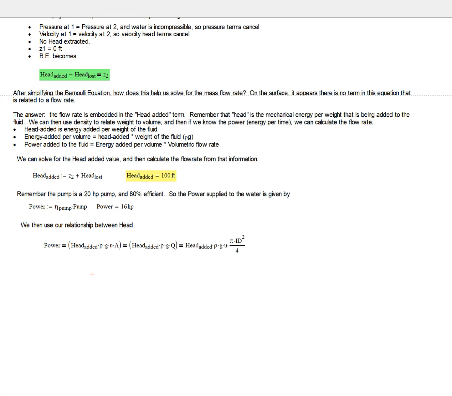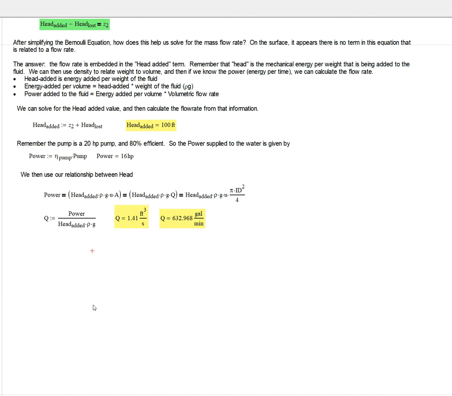Or sorry, we're solving for the flow rate. My mistake. We're solving for the volumetric flow rate. And so we can use this part of the equation. So we can solve this for Q.